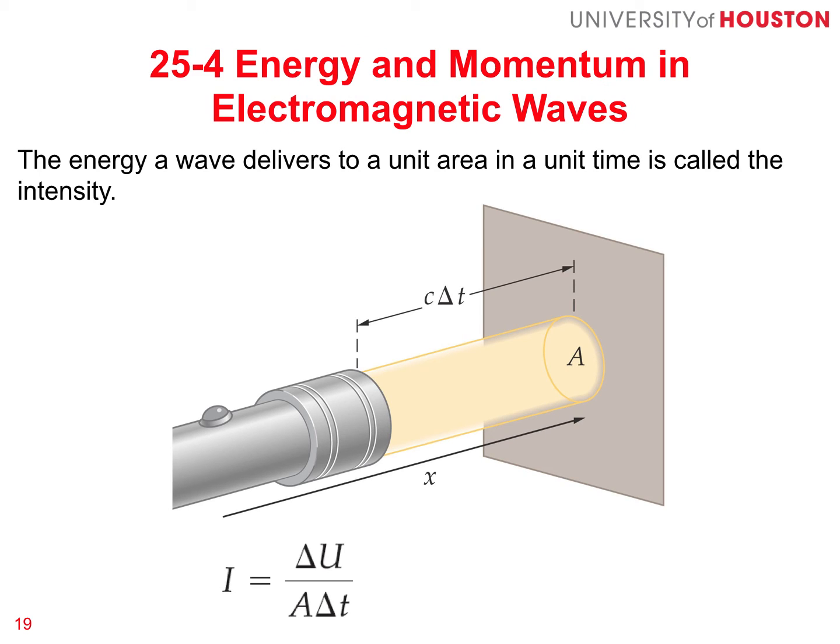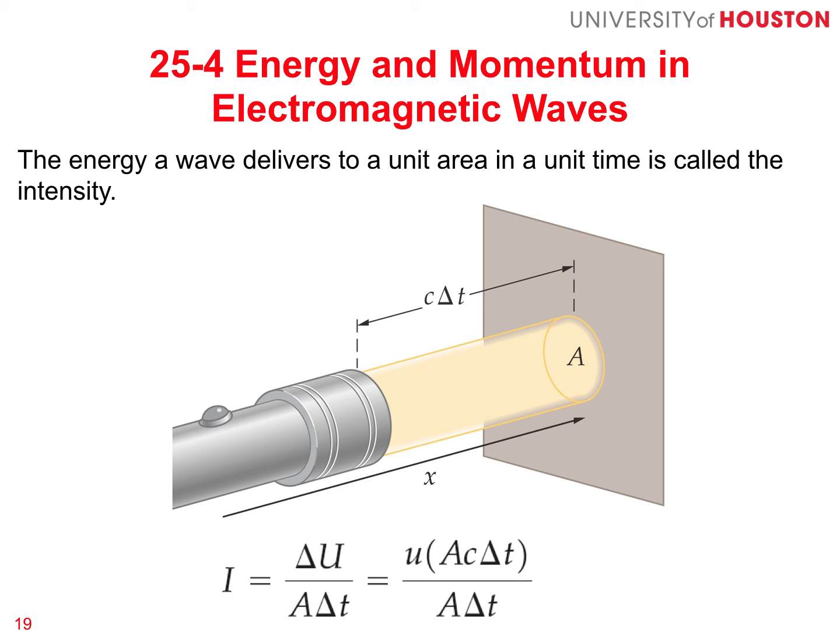Intensity is defined as the amount of energy something receives divided by the area over which that energy is received and the time it takes to receive that energy. If we think of an electromagnetic wave, we can think of the wave delivering a volume to a particular area. That volume will equal the area times the speed of light times the time.